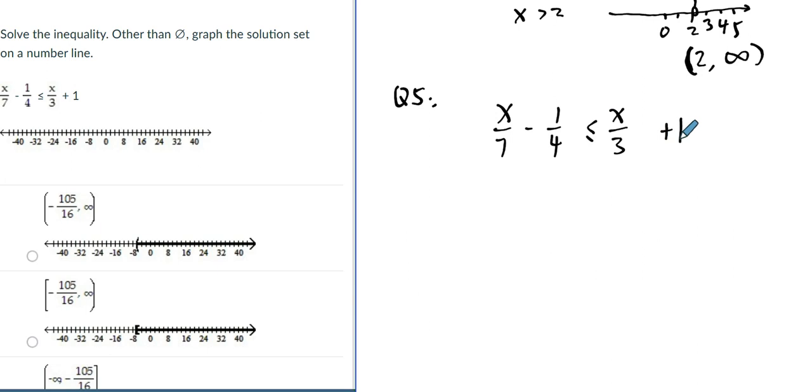Be patient. Step 1 is always to copy the question. In this way, you will not get confused. Okay. What number should we multiply to this inequality?